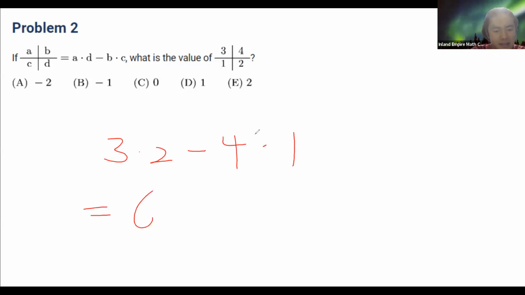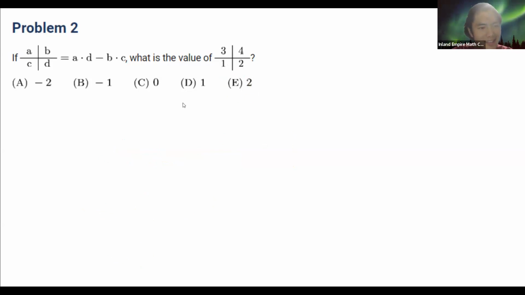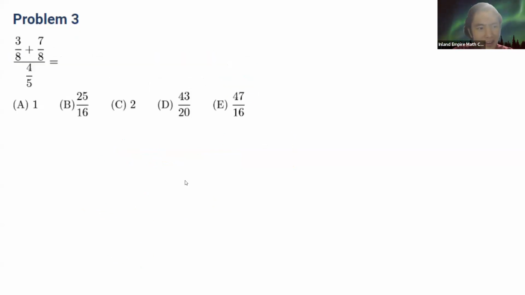So if you evaluate this, it's 6 minus 4, which is 2. So the answer choice is E. Are there any questions on this problem? Okay, hopefully fairly straightforward and easy because it is the first one.